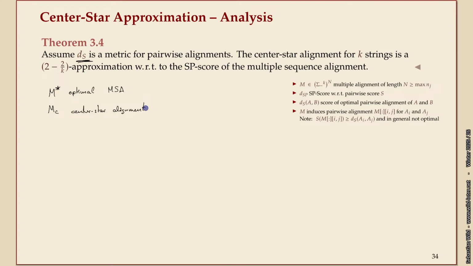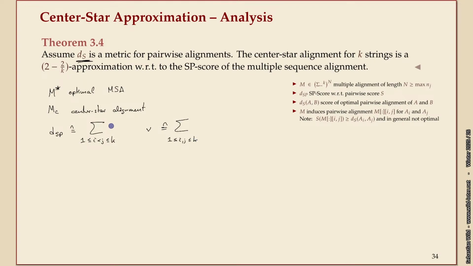And to make the calculations nicer, instead of sum of pairs, I'm doing sum of ordered pairs. What do I mean by that? We said this SP distance corresponds to summing ordered pairs. And let's use V to say I'm summing over all I, J, all the distances.